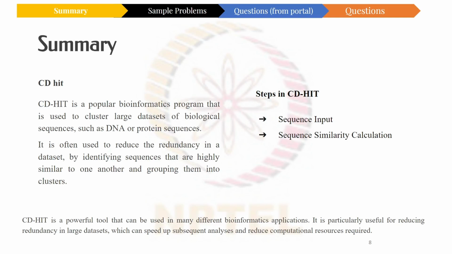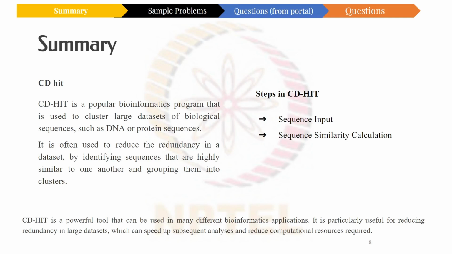Here CD-HIT has many ways to find these pairwise sequence similarities. One such method is the word-based approach, or k-mer counting approach, which is a part of the BLAST algorithm that we have discussed. I am mentioning it because it is one of the methods that helps to rapidly identify potential sequence matches before performing computationally intensive alignment calculations.